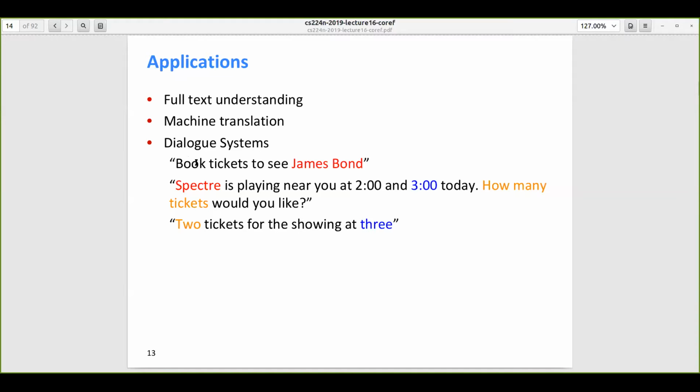When the user says something like "book tickets to see James Bond," the dialogue system has to understand that here James Bond is an entity, a mention, and the action book tickets is different to this James Bond. So the dialogue systems need to understand how the entities or the mentions are related to each other.